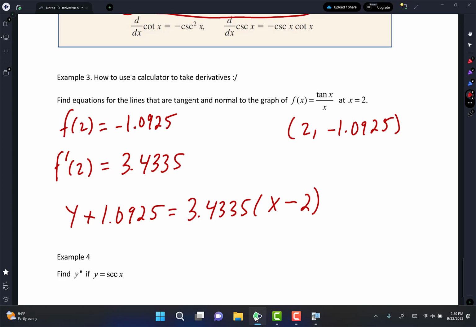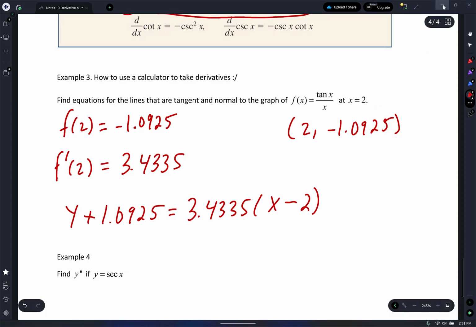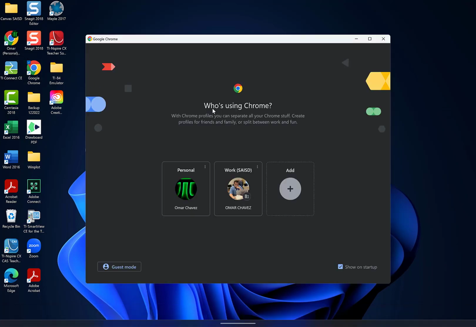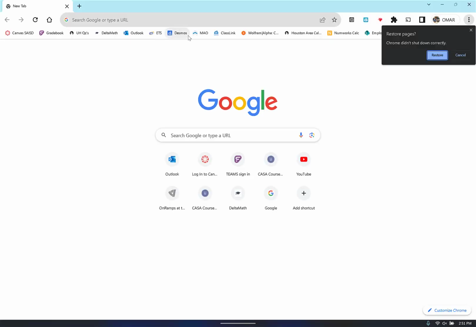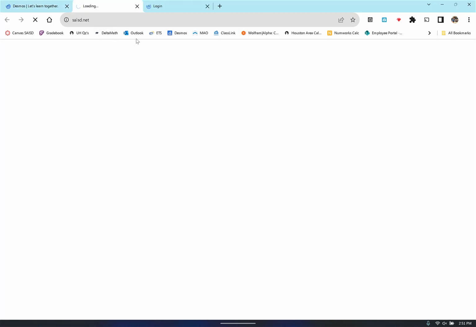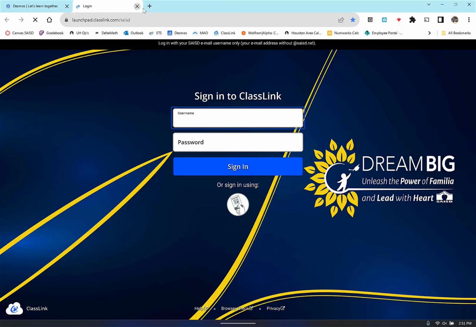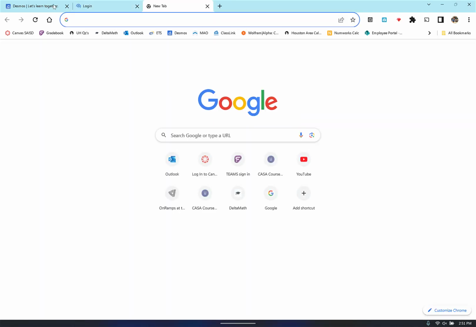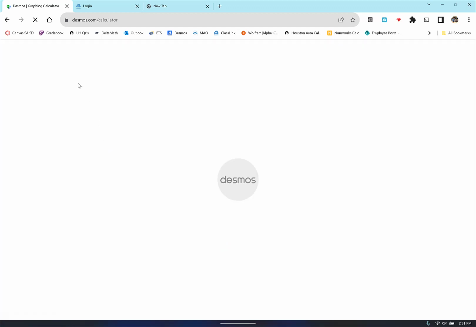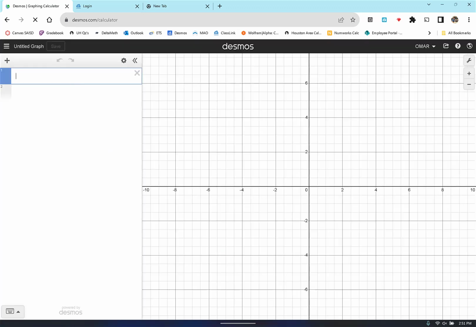Let's see how this looks on Desmos. I know you can just as easily type it into your calculator, but I'm going to use Desmos because that graph is nice and pretty. Here it is, guys.